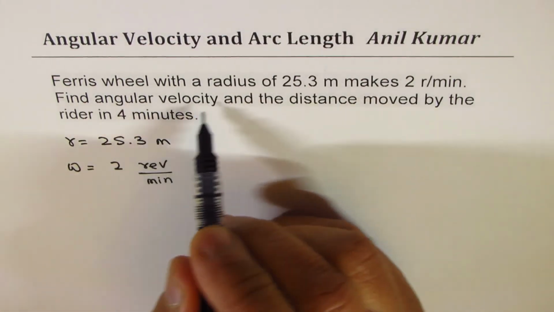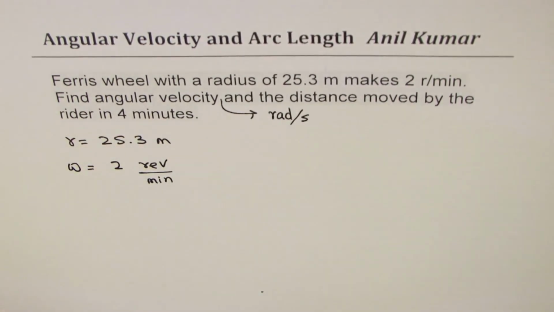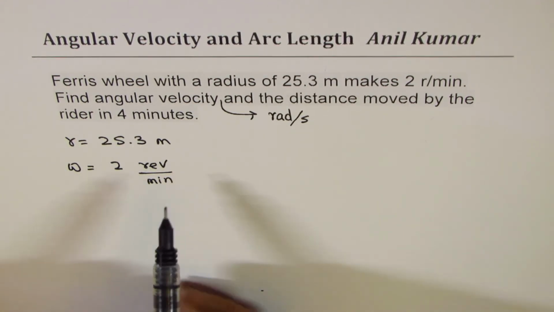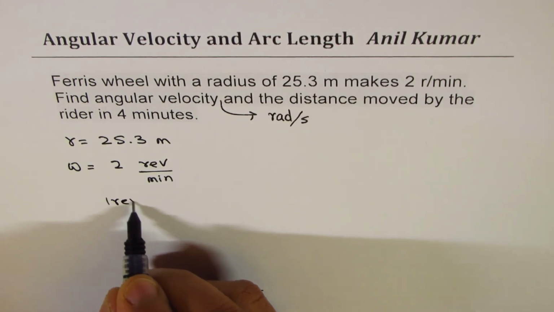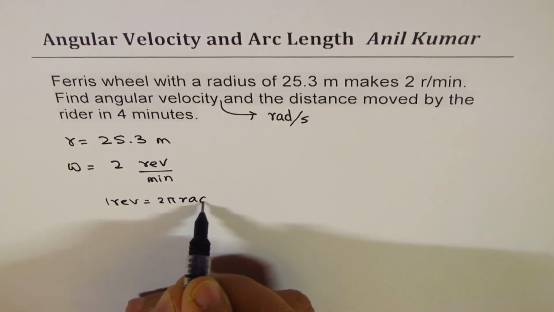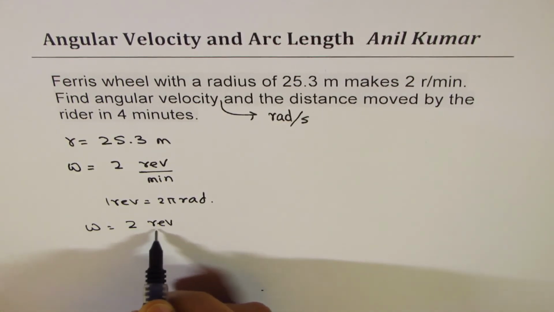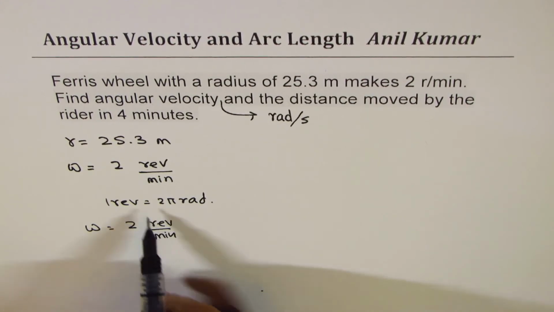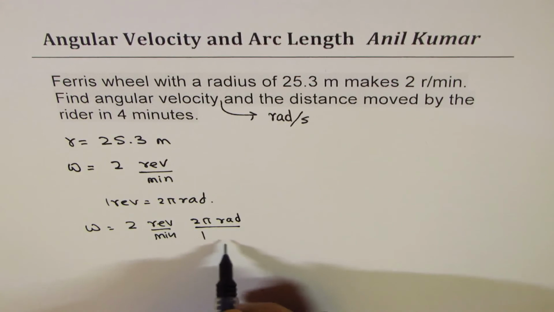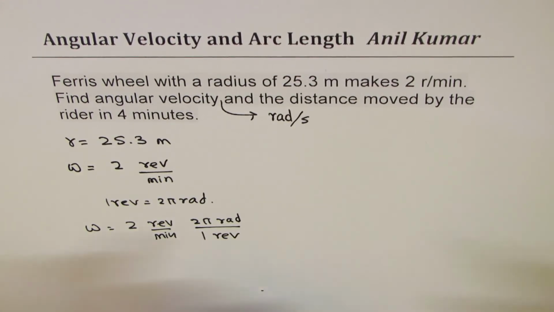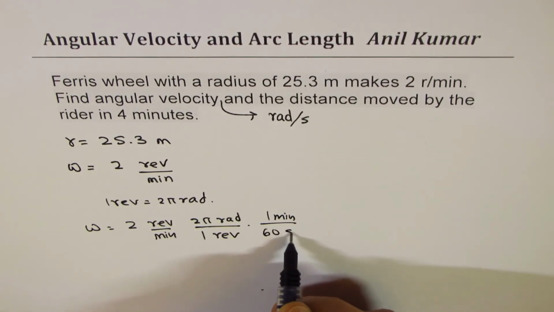Now if I were to write find angular velocity, when we say it, it is always in radians per second. Is it okay? So we have to first convert this to radians per second. So you know 1 revolution is 2 pi radians. So we can write omega equals 2 revolutions per minute. To convert to radians, we'll say 2 pi radians is equal to 1 revolution. And as far as minute is concerned, we know 1 minute is 60 seconds.